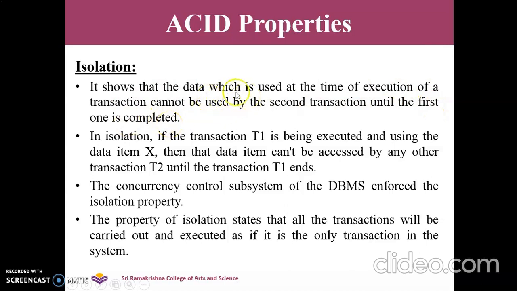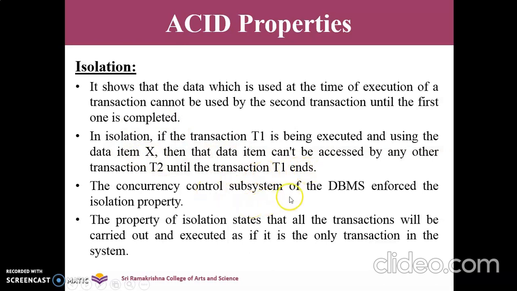For example, if transaction T1 is executed and it is using the data item X, then that data item X cannot be accessed by any other transaction until that transaction is completed.